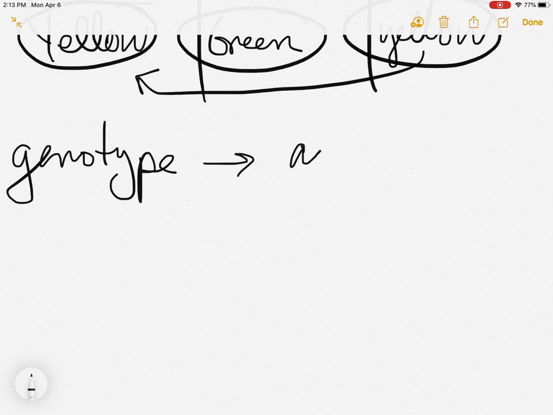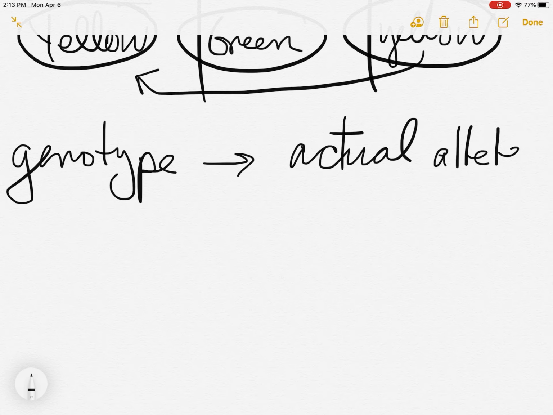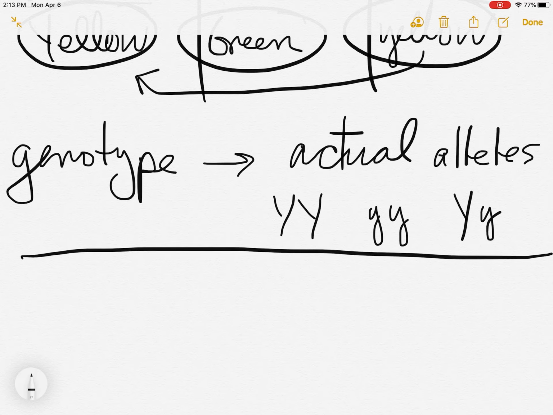Okay, so the genotype describes the actual alleles. So our genotypes were homozygous dominant, homozygous recessive, and heterozygous. Those are the 3 possible genotypes.